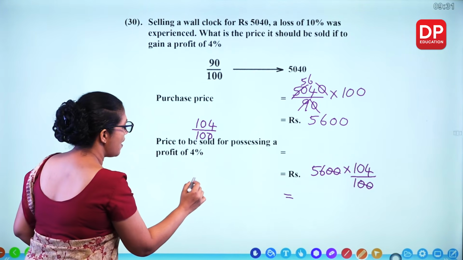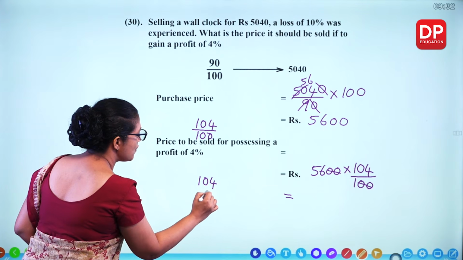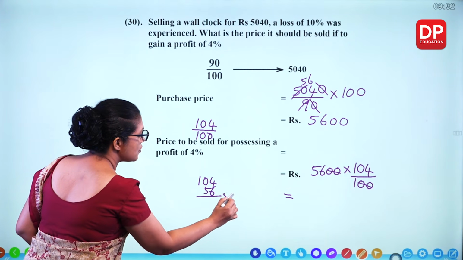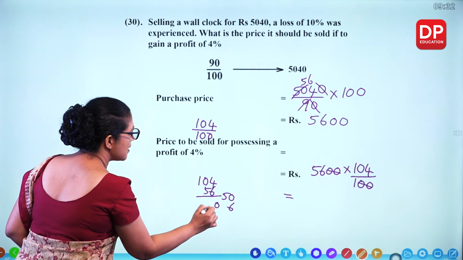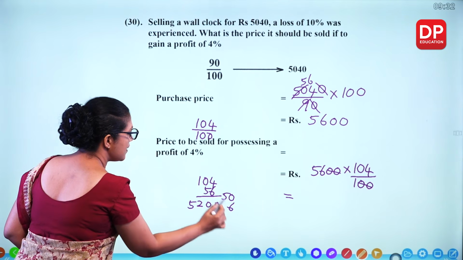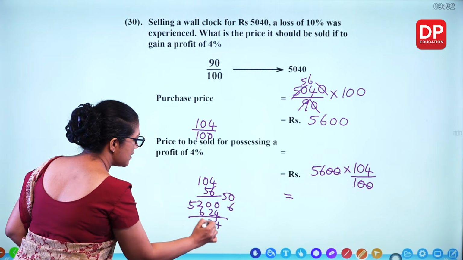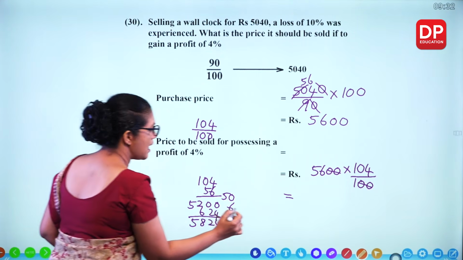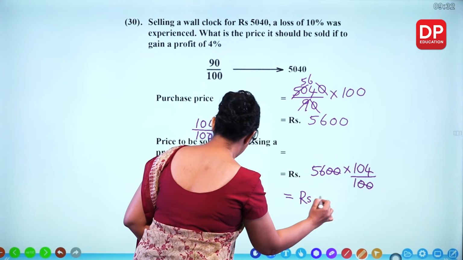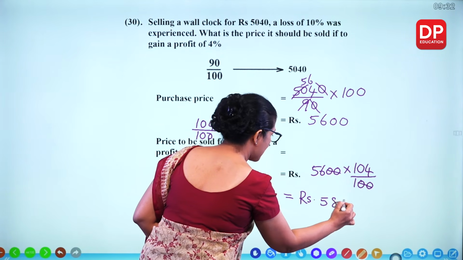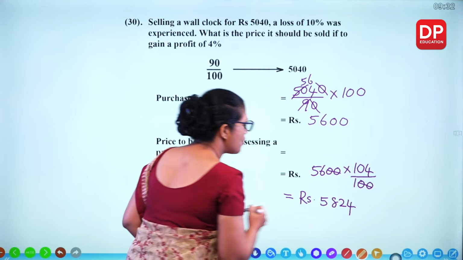Multiply 104 into 56. 50 and 6. And then 6 times 4, 24, 6. So you add it together, 5,824 rupees.